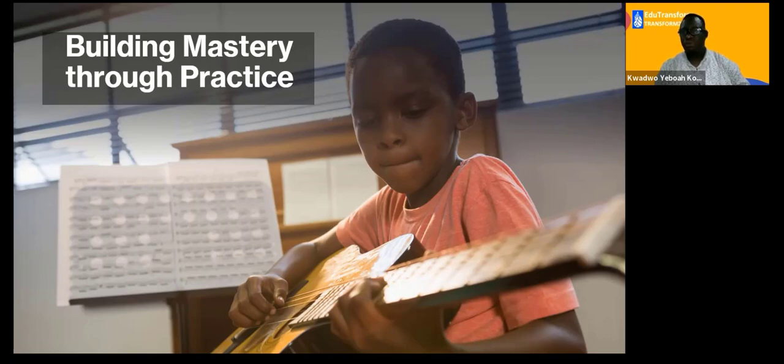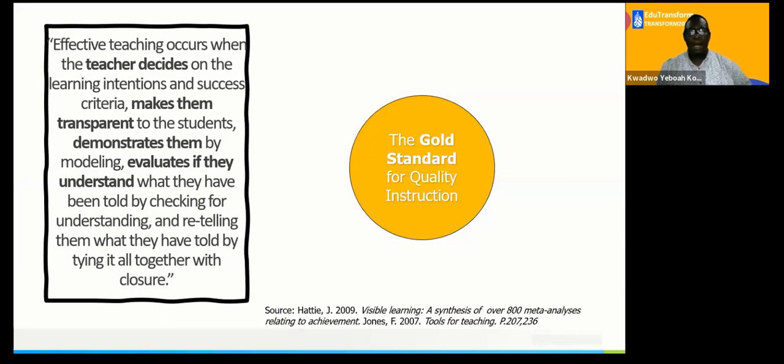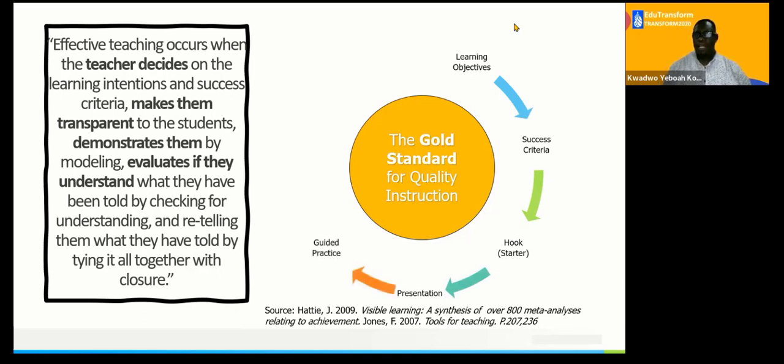Among the things we've looked at is what we call the gold standard for quality instruction. We agree with John Hattie that effective teaching occurs when the teacher decides on the learning intentions and the success criteria and makes them clear to students, demonstrates them by modeling, evaluates if they understand by checking for understanding, and retells them what they have been told by tying it all together with the closure.